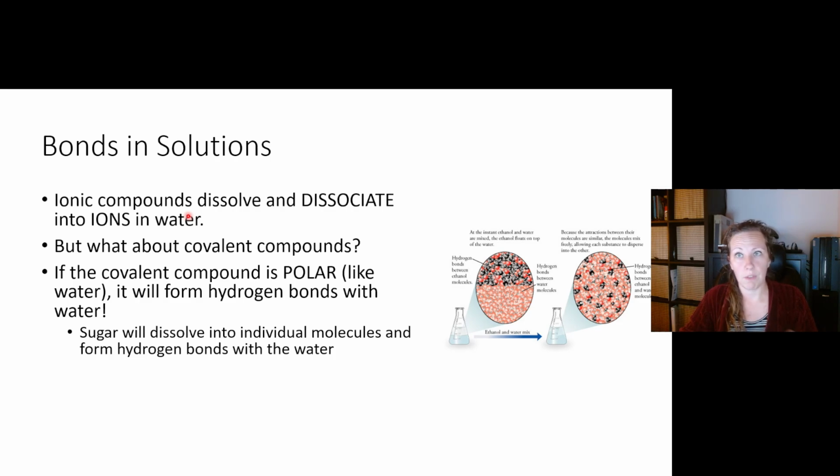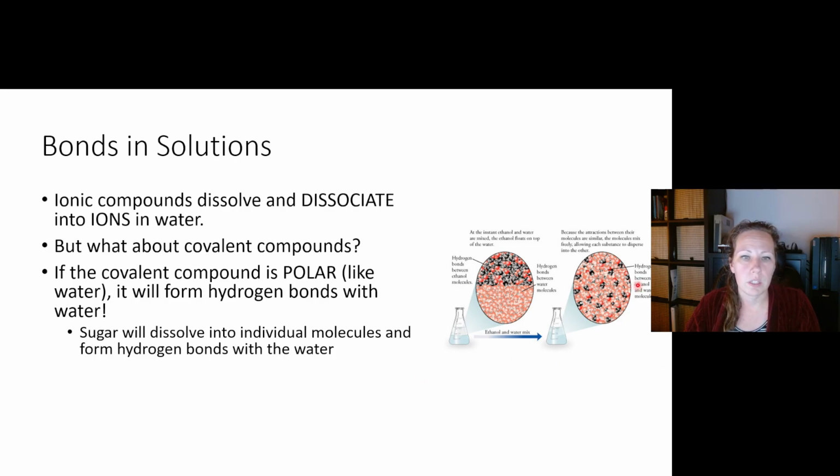Now, the strength may vary, just depending on the molecule and what those partial charges are on the molecule. So for example, sugar. Sugar is polar, and it will dissolve into individual molecules when it's put in water, and then those individual molecules will form hydrogen bonds with the water.